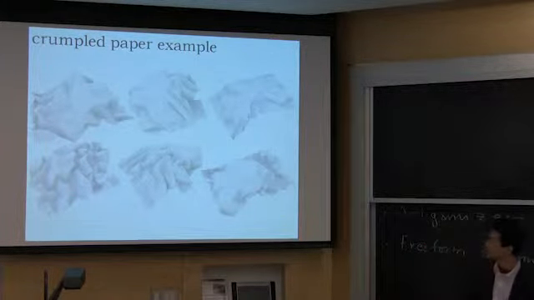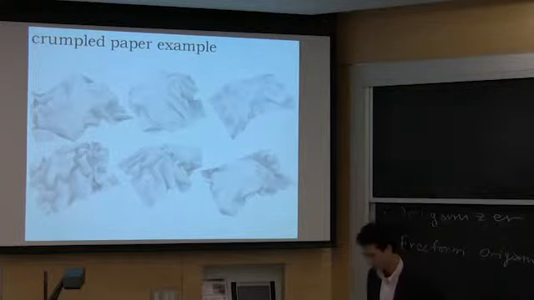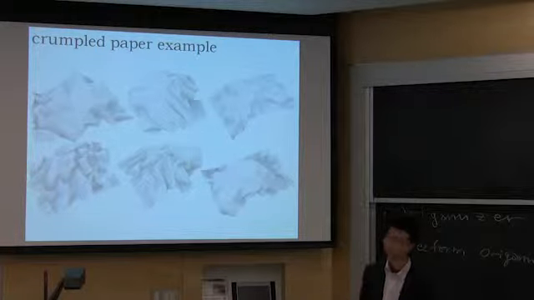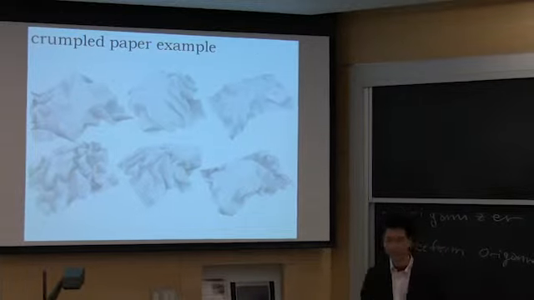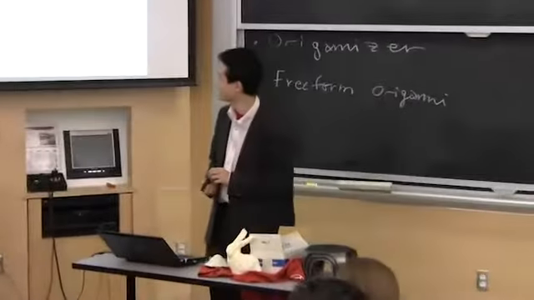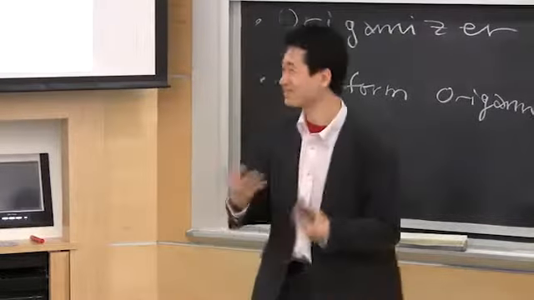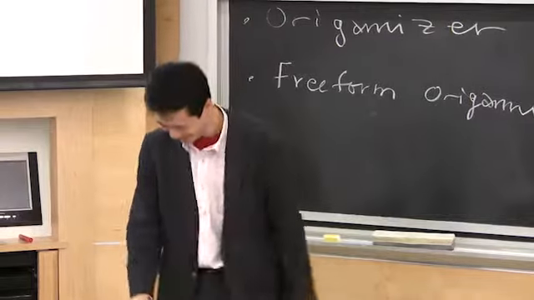So I think this is a good way of using this software. You can design crumpled paper, since it's very hard to crumple paper in real life. If you feel it's very difficult, then you can use this software to crumple a paper.